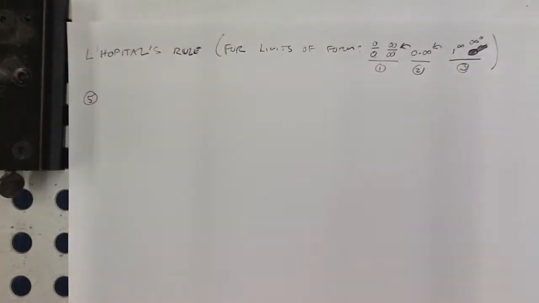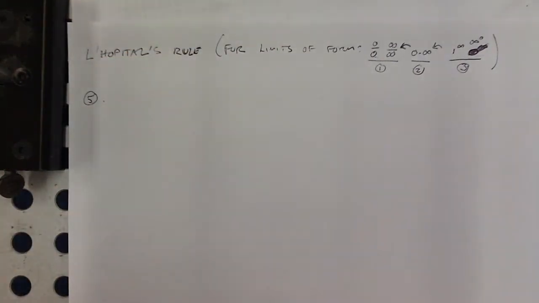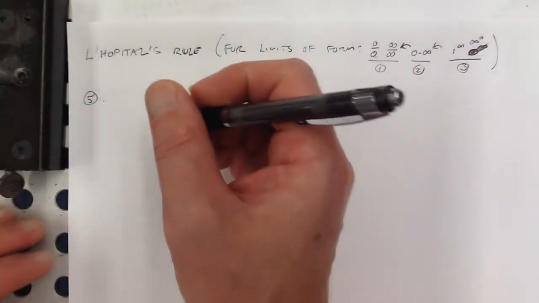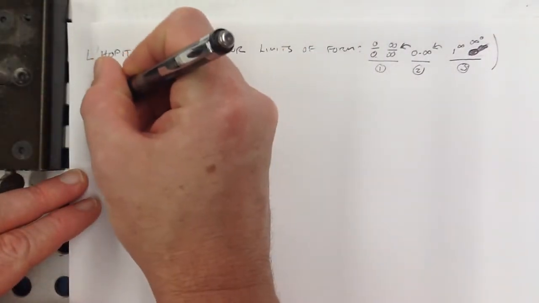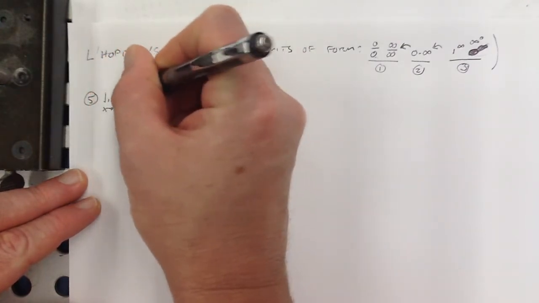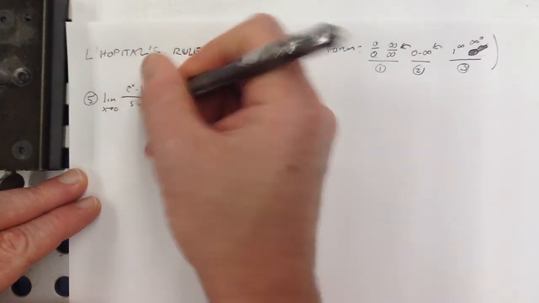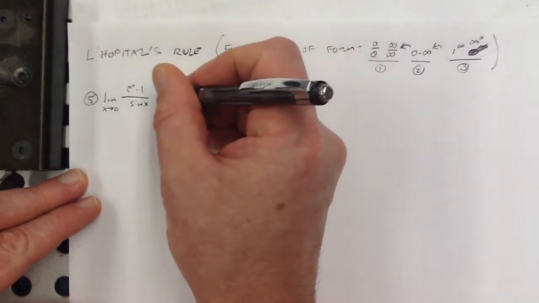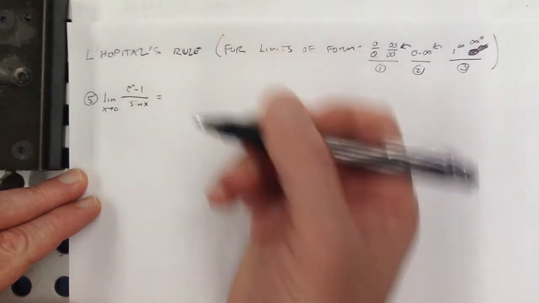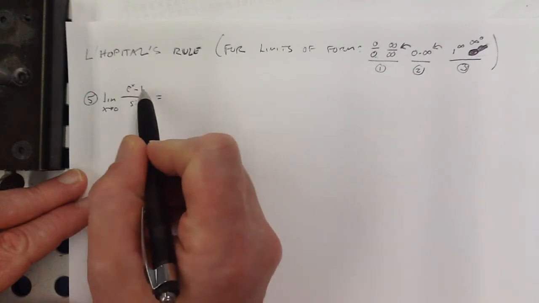Okay, so number 5. I'm not even on the right page in the book here, but I bet I can find it. I have the limit as x approaches 0 of e to the x minus 1 over sine x. So that's in this kind of form, but I want to make sure at the start that it is a L'Hopital problem. Plugging in 0, e to the 0 is 1, minus 1, over sine of 0.